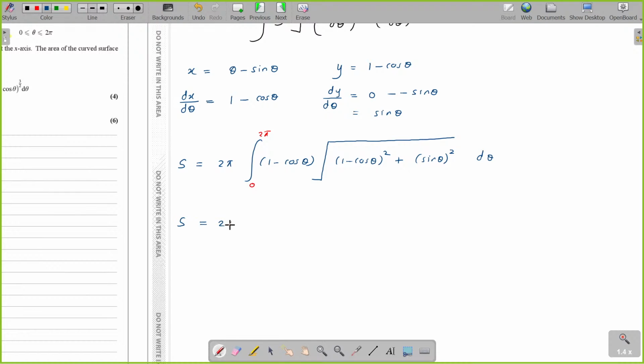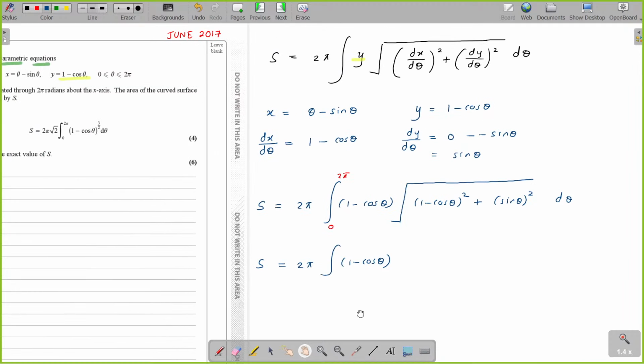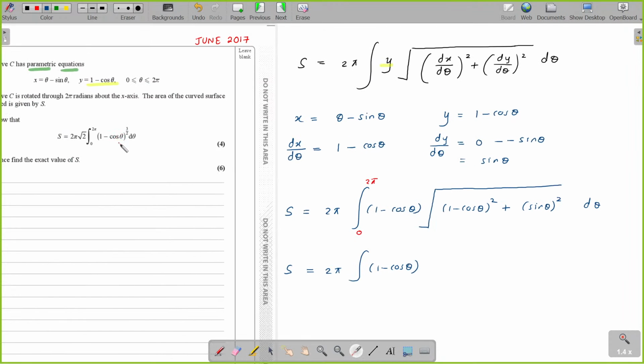S equals 2 pi times 1 minus cos theta. How do we simplify this? The show that also involves 1 minus cos theta, so we always need to keep a lookout for it. If I have 1 minus cos theta over here, I will try my level best not to open it and simplify. Let's keep it like this, because the show that also has 1 minus cos theta.